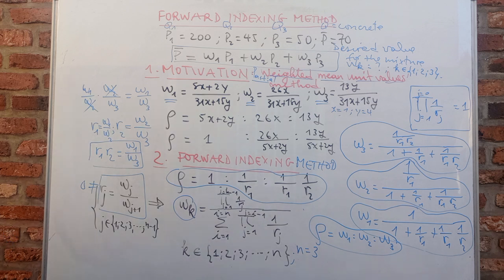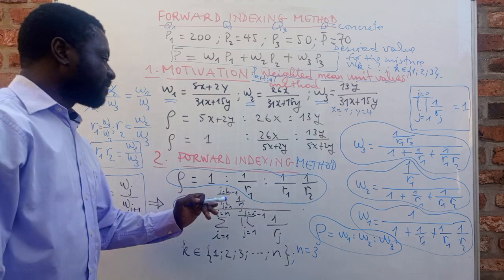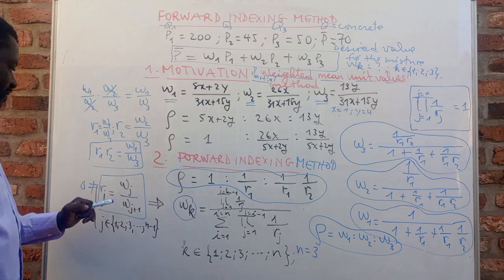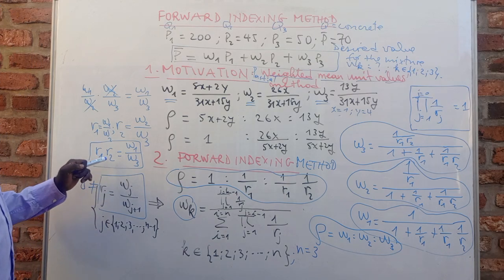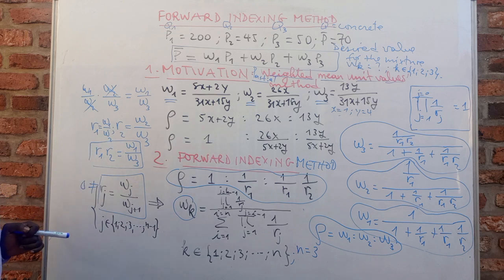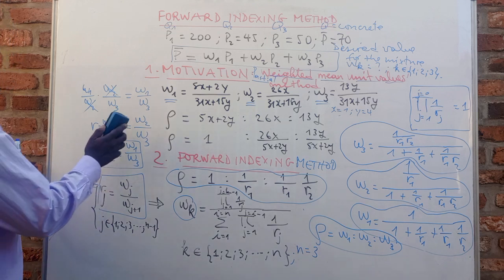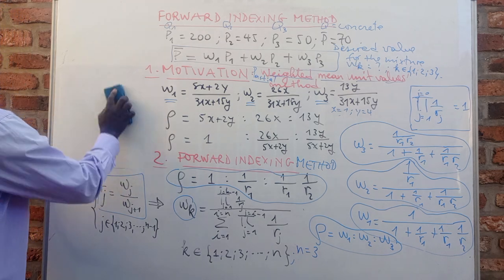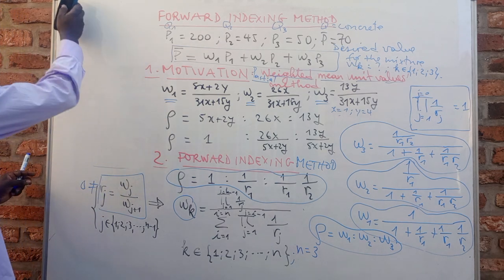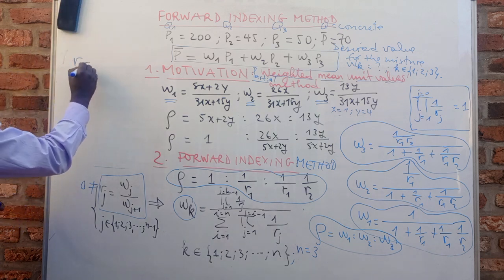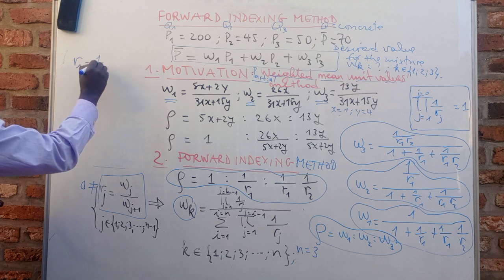Okay, now, here it is in case we know one of the two ratios, either R sub 1 or R sub 2. Suppose now we have R sub 1, its value. Suppose R sub 1 is equal to 1 over 2.